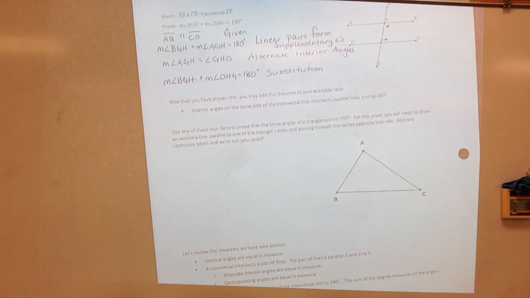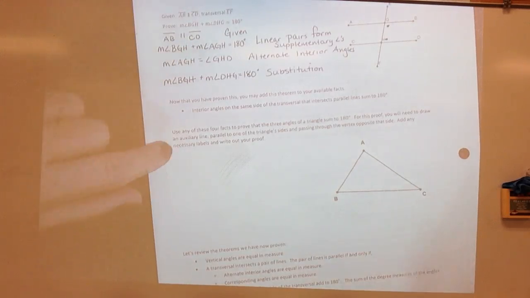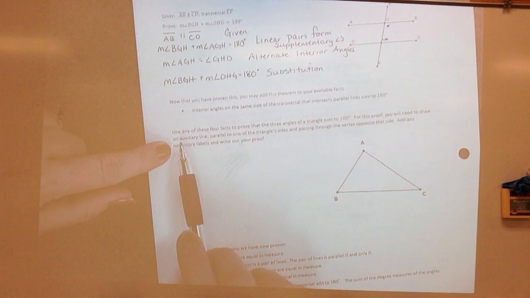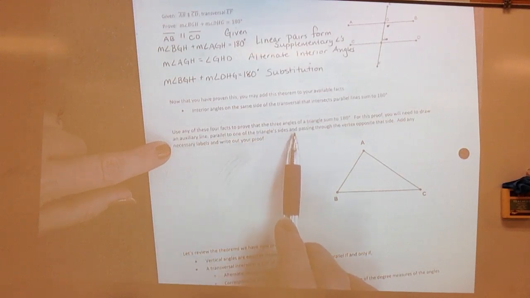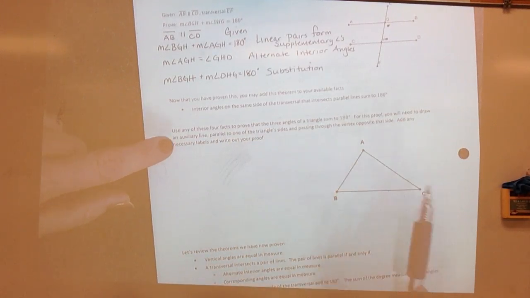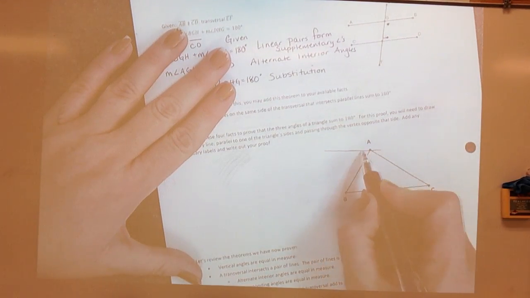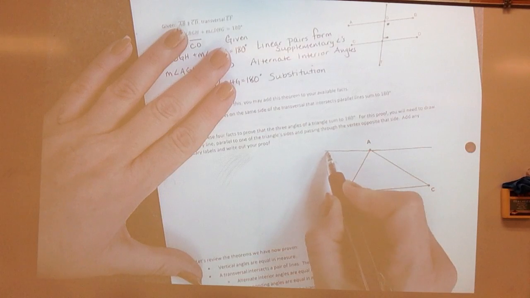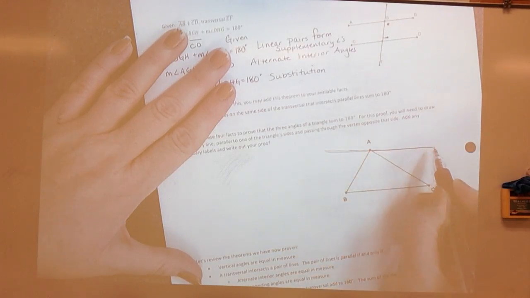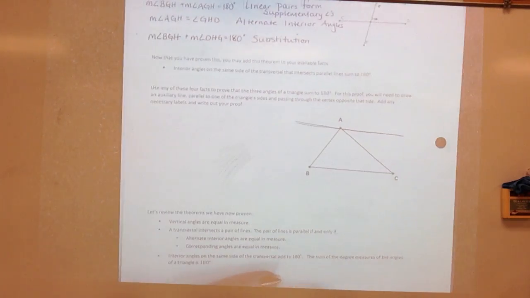All right, so we're going to draw an auxiliary line, and it says I'm going to need to draw an auxiliary line parallel to one of the triangle sides, passing through a vertex. I'm going to draw my auxiliary line here. And no, mine is not going to look perfectly parallel, but that's okay.